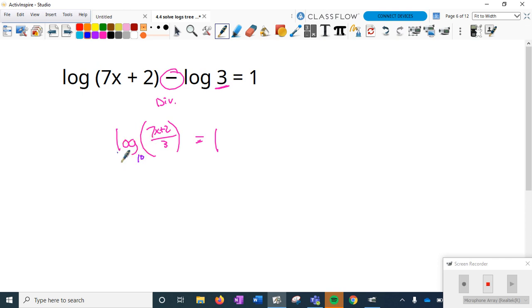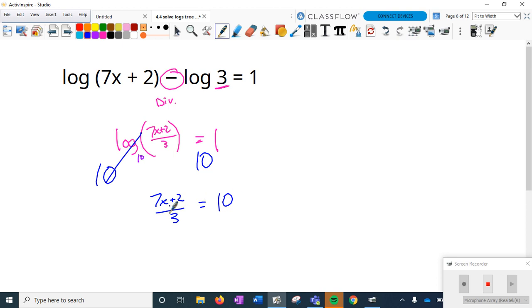Since I want to get rid of this log base 10, and I can't ignore it because I don't have log base 10 on this side, I'm going to make this whole left side an exponent of a base 10, and I'm going to make the right side an exponent of a base 10. That way the 10 to the log base 10 part goes away, and I end up with (7x plus 2) over 3 equals 10 to the first power, and 10 to the first power is just 10.